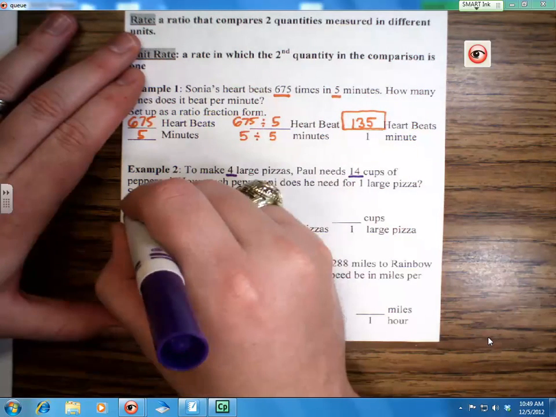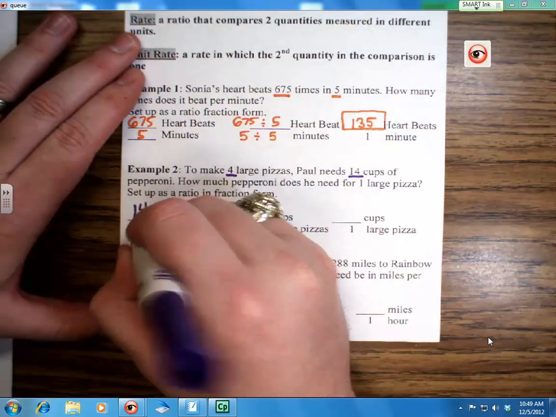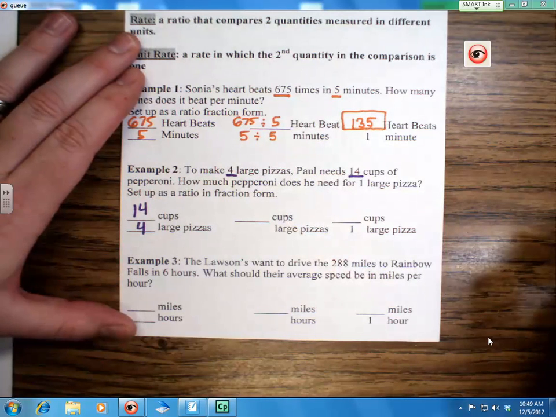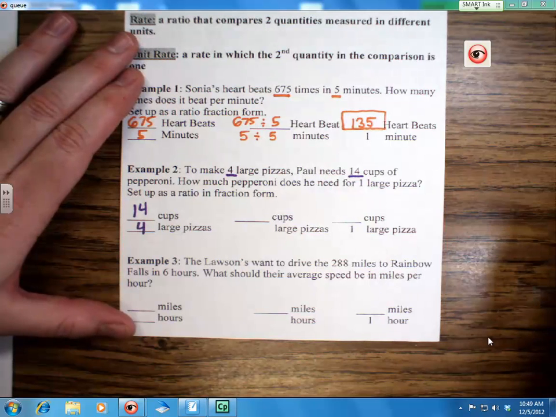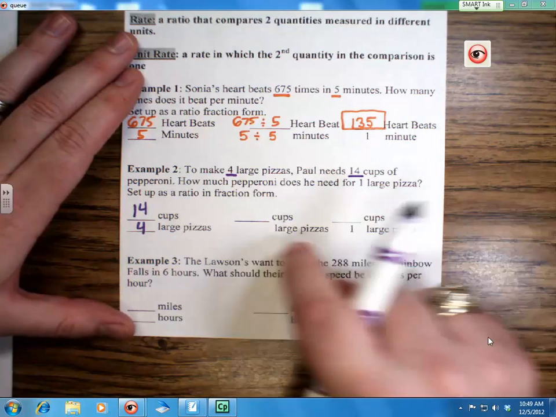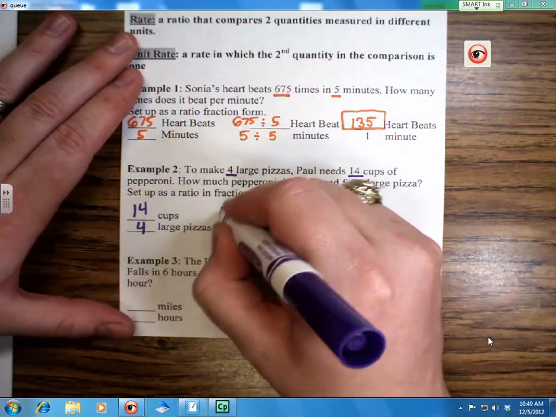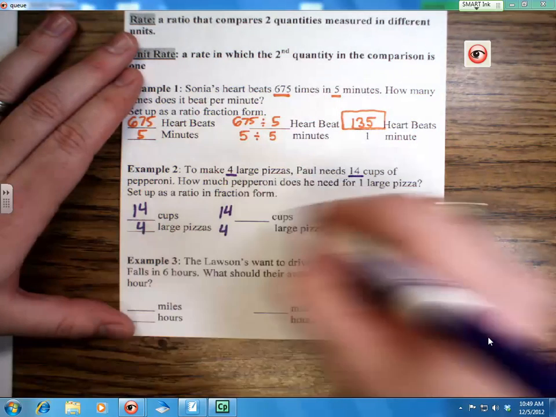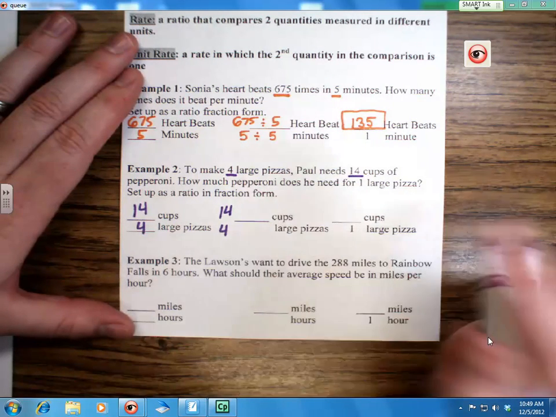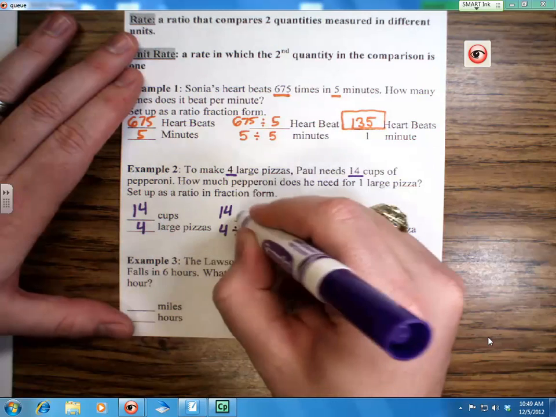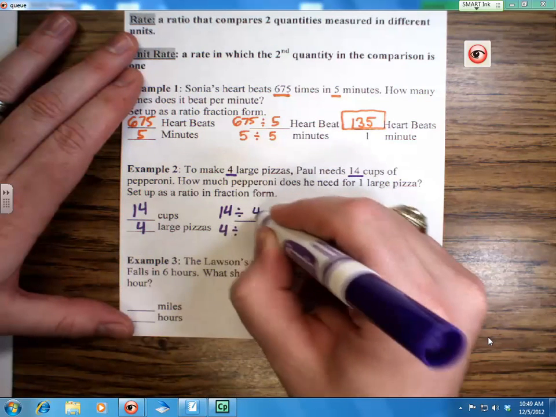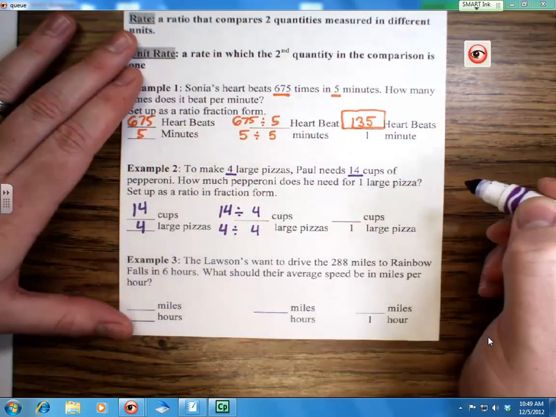So we'll have 14 cups right here, and that makes 4 pizzas. But we're trying to figure out how many cups it needs to make 1 large pizza. So we have 14 cups for 4 pizzas. What do we have to divide 4 by to get it to be 1? I have to divide it by 4, so I'm also going to have to divide 14 divided by 4.